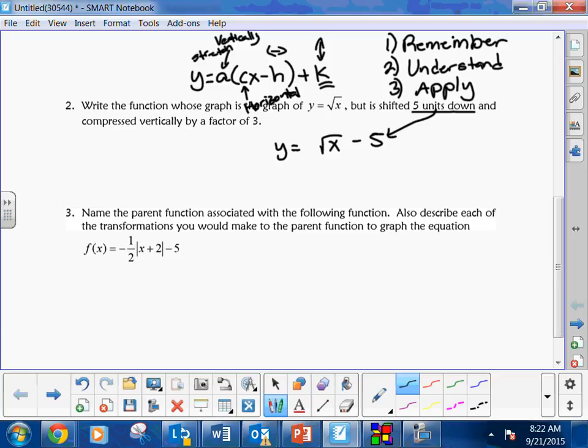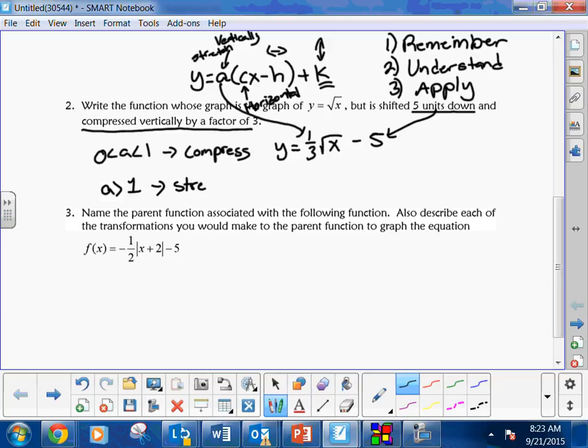And they want a compression vertically by a factor of 3. To compress vertically, that is the a, and what we're going to do here is use a fraction. When you have fractions, it compresses. When you have anything bigger than 1, it stretches.